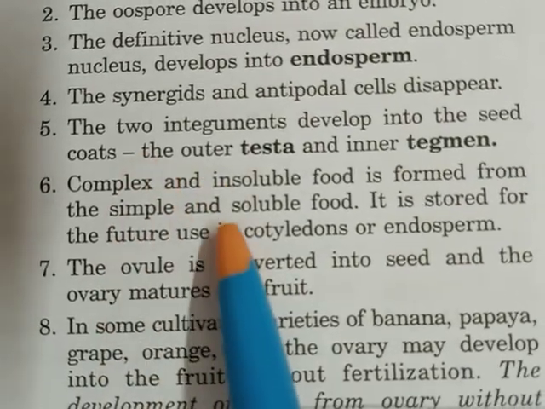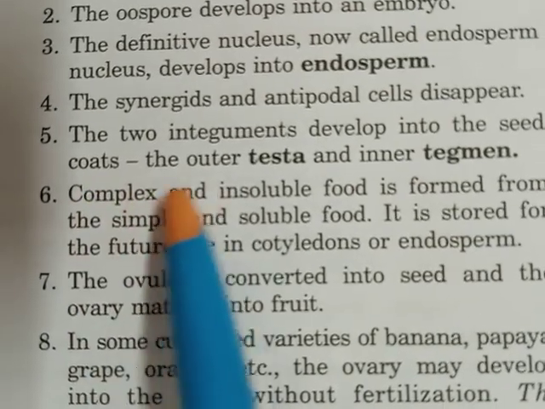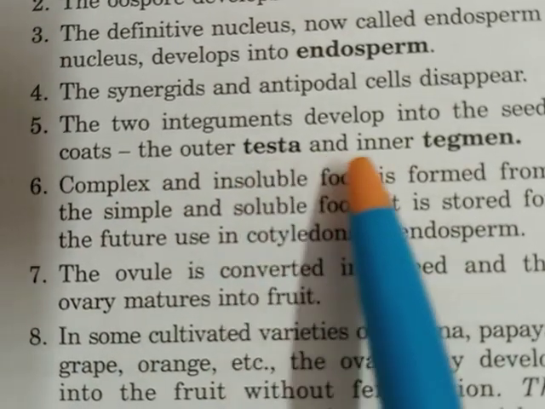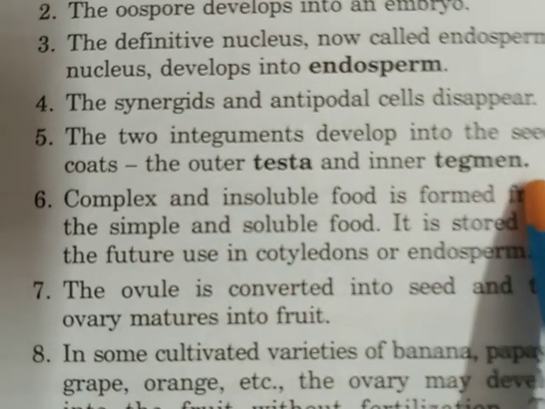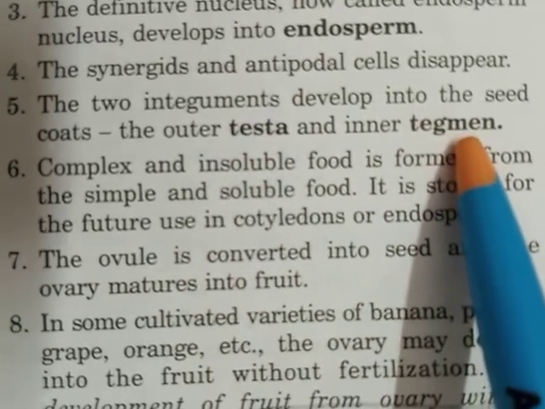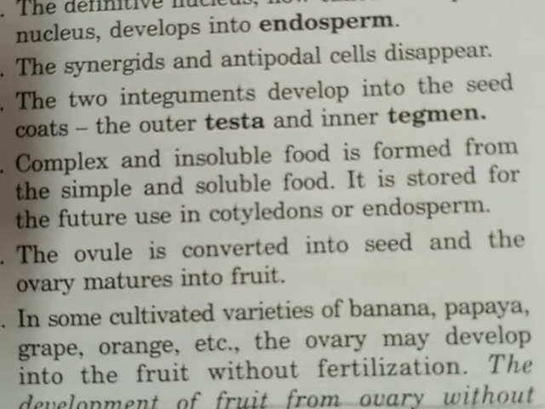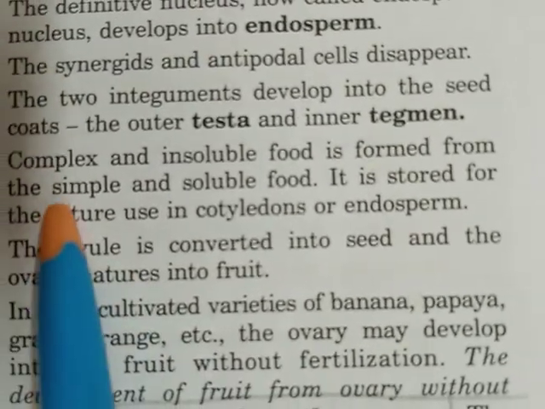So these two integuments develop into the seed coats, and the outer one is known as the testa and the inner one is known as the tegmen. Both the testa and tegmen protect the seed from fungi and bacteria and from unfavorable conditions.